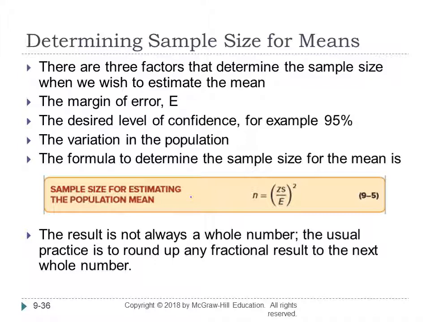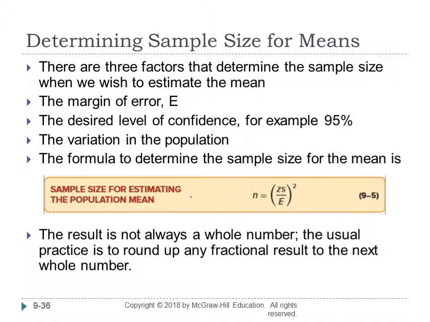So there are three factors that determine the sample size when we wish to estimate the mean. First of all, the margin of error, how wide should the interval be. Now we're estimating the sample size, so one of the things that affects that is the margin of error, how wide the confidence interval is.